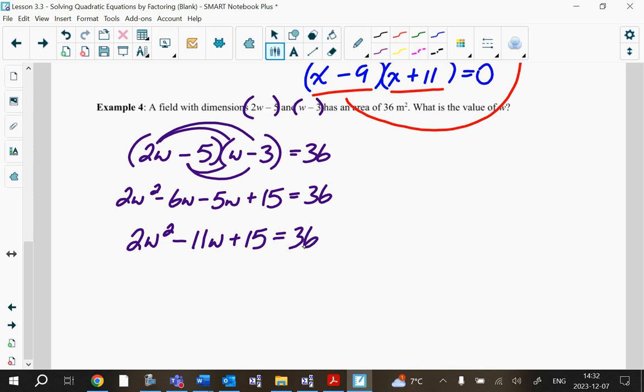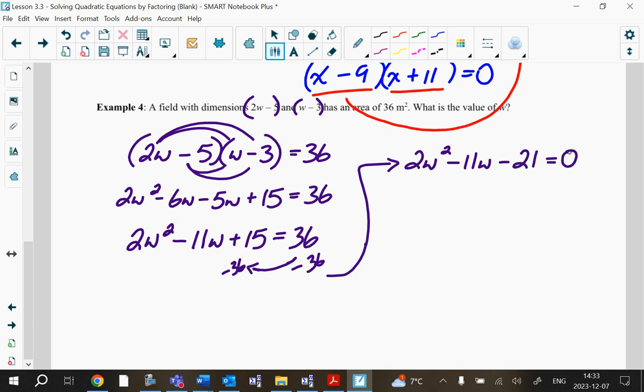It's still not ready to be factored yet because there's a 36 on the right. So I got to move this 36 over by subtracting 36, which means I got to subtract 36 on this side. So I get 2W squared minus 11W minus 21 equals 0.